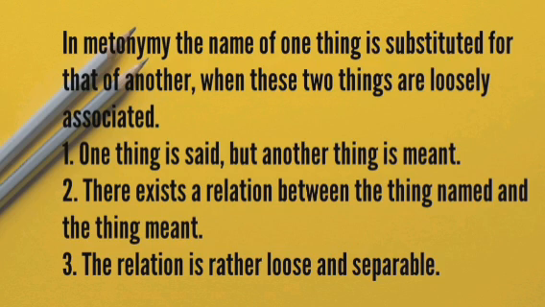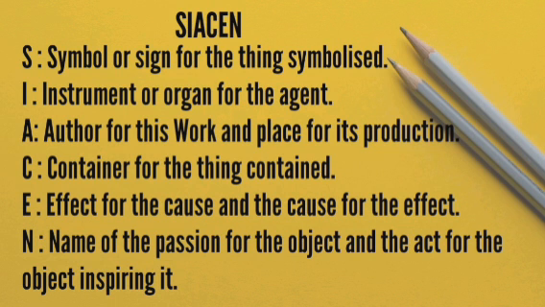The main varieties of metonymy are 6. 6 রকমের ভ্যারাইটি আছে মেটোনিমির. For you to understand, you have to remember a word. One word you need to remember, and that word is siachen. SIACEN. Write from top to bottom, in a vertical way.